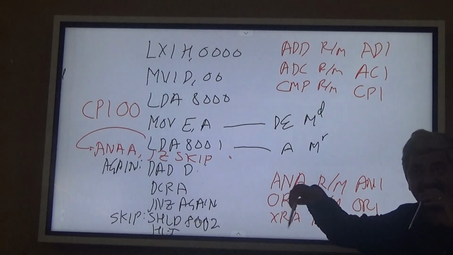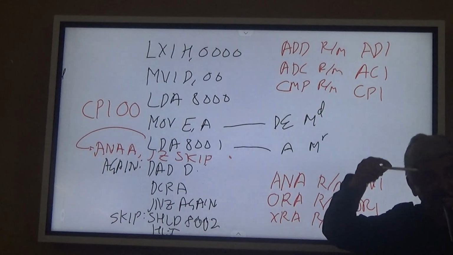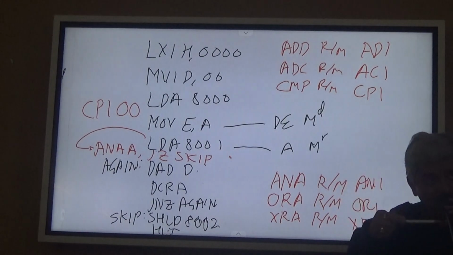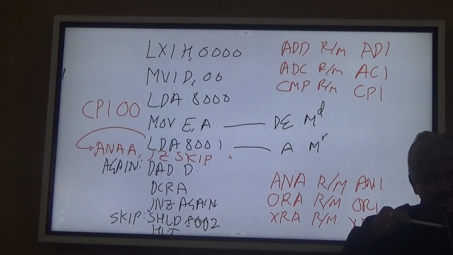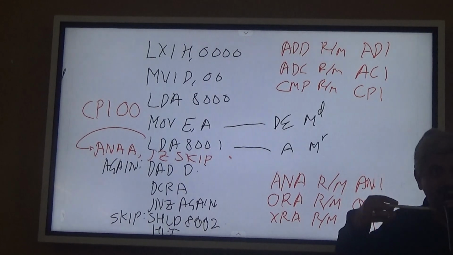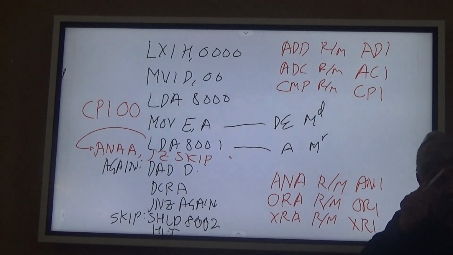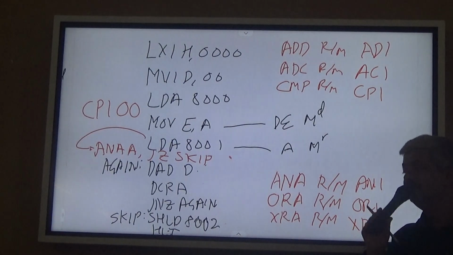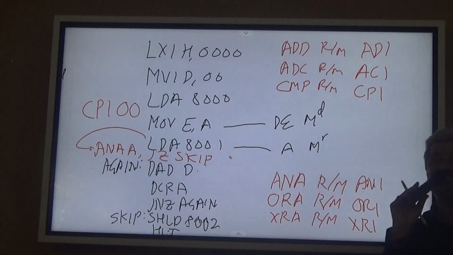That will take care that if the multiplier is already 0, we don't repeat the addition 100 times. If you don't take that care, the answer will be wrong. But this multiplication by successive addition is a childish method.